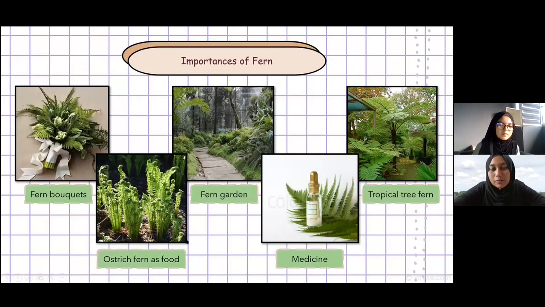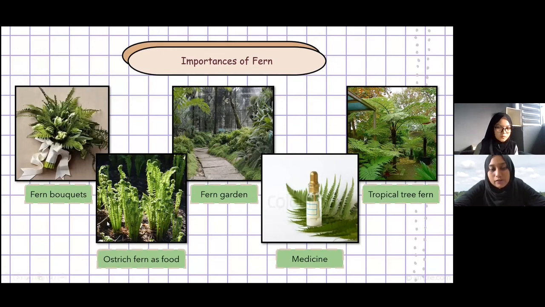So we have arrived at the end of this slide. At the end of the slide, I wanted to talk about the importance of ferns. First of all, we have the fern bouquet, which is trending right now. We collect the ferns and gather them to form a bouquet.